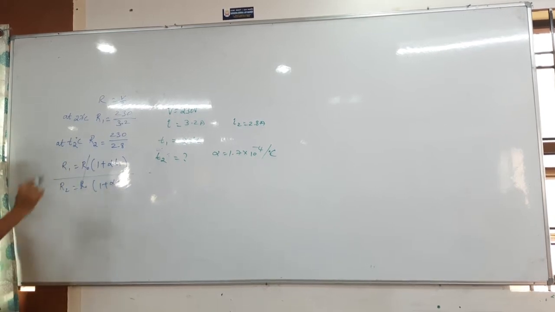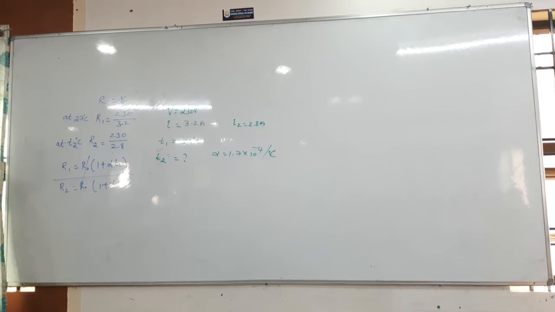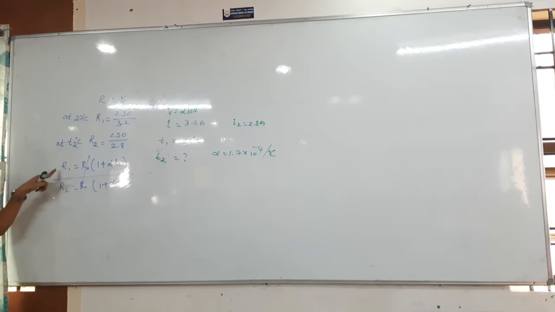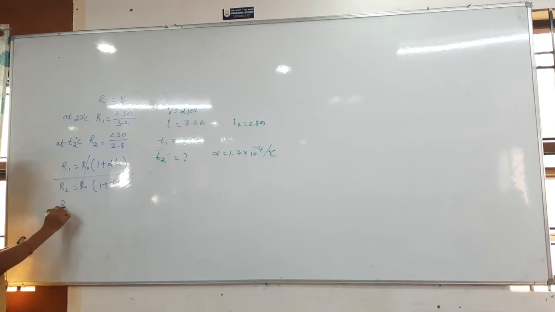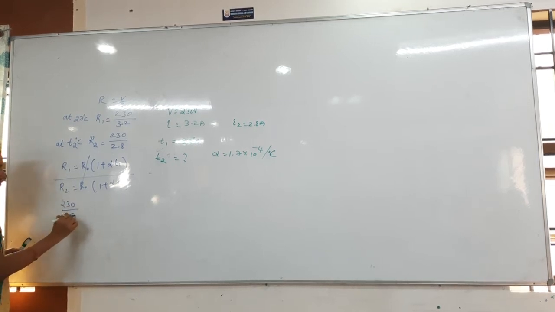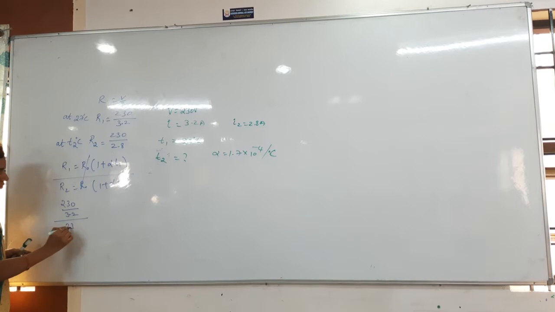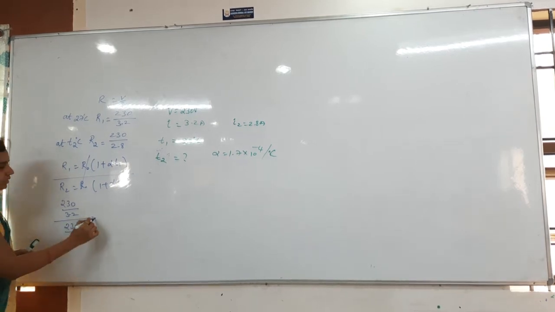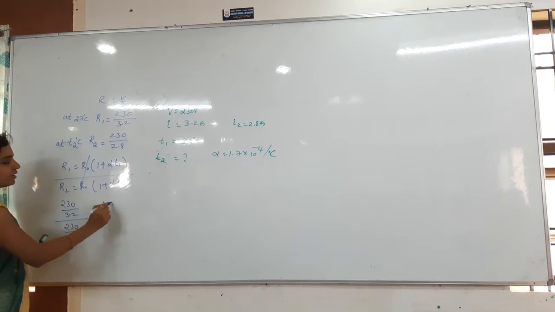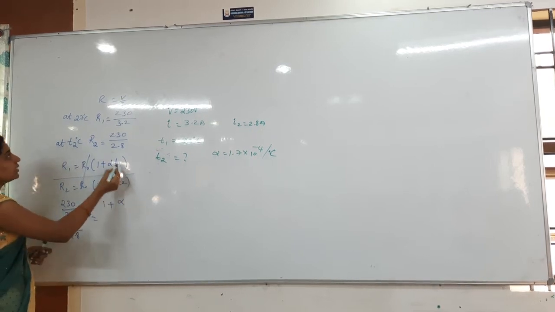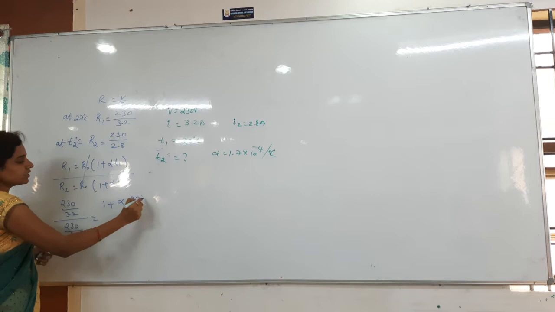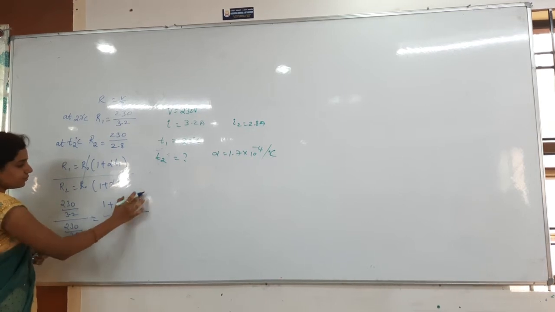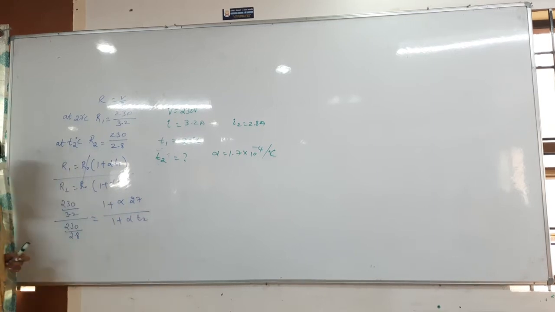Now R0 gets cancelled, because we don't know anything about that. R1 at 27 degrees Celsius is 230 by 3.2, then R2 is 230 by 2.8. Directly we can cancel it. That is equal to 1 plus alpha into T1, where T1 is 27 degrees Celsius, divided by 1 plus alpha into T2, which you have to find out.